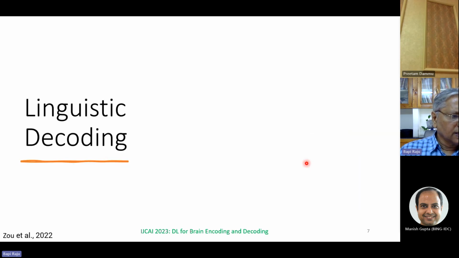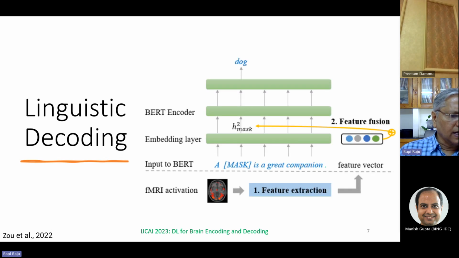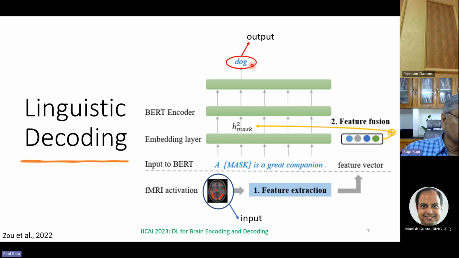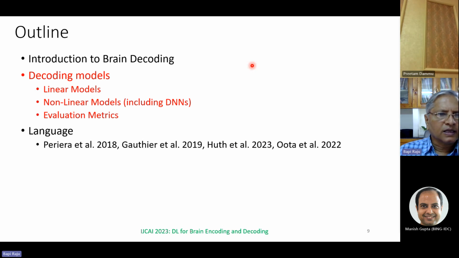Of course, this linguistic decoding can utilize features from models like BERT, fusing this feature vector from the functional MRI in order to let the language encoder predict the lexical item that corresponds to this input, right? This linguistic decoding.